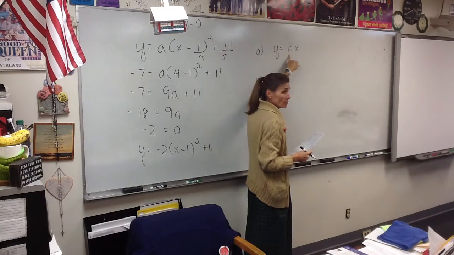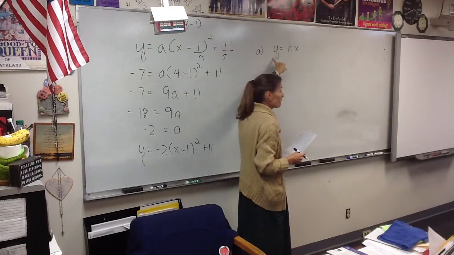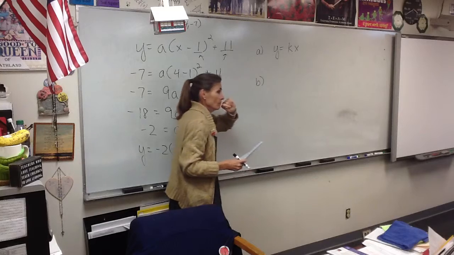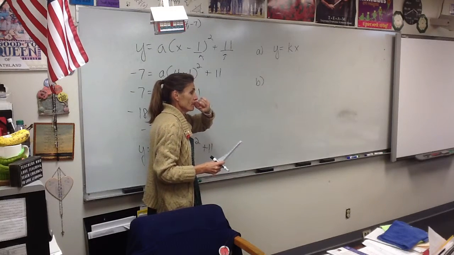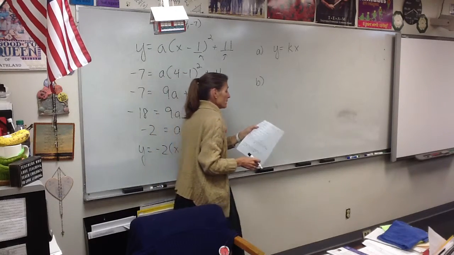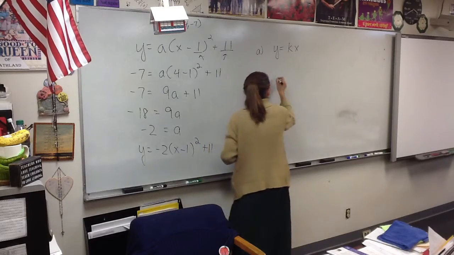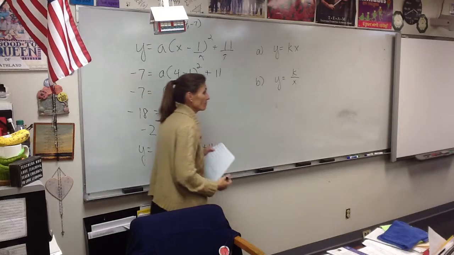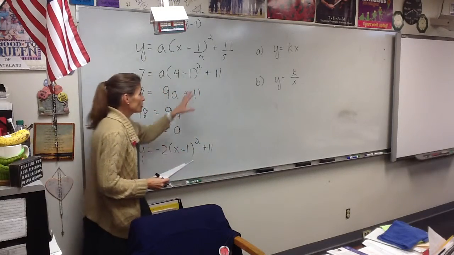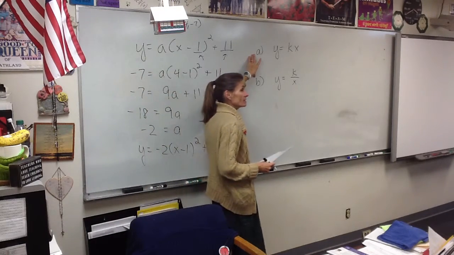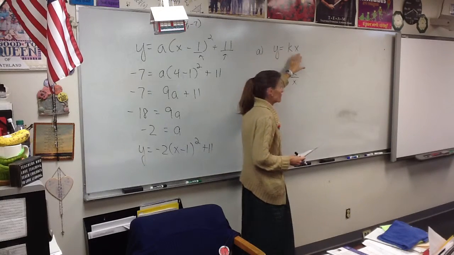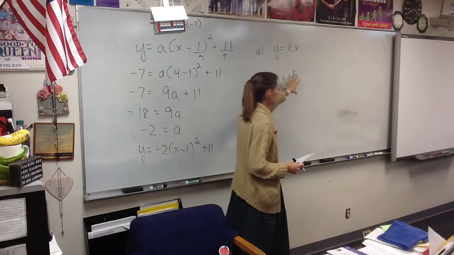K is some number. B, y varies inversely as x. So this has to be memorized. Y varies directly as x. Y varies inversely as x.